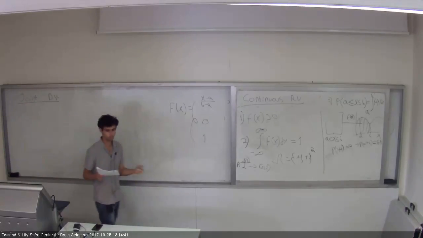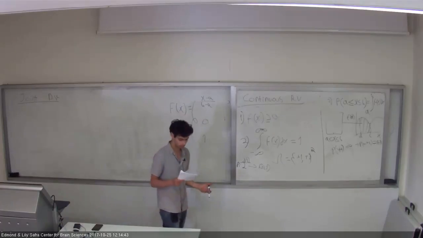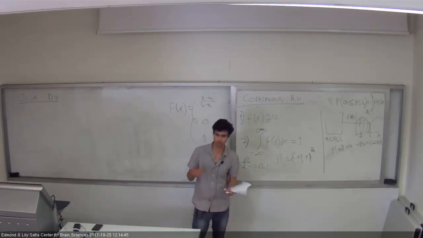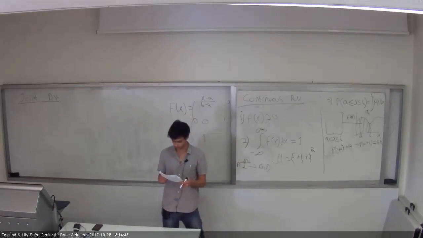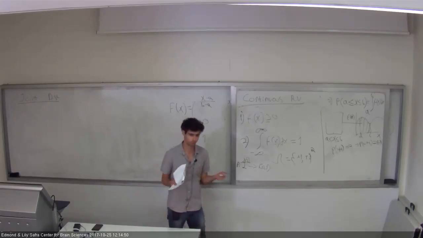Now suppose that we have two random variables, X and Y, and both of them are discrete, and we want to define their joint distribution.